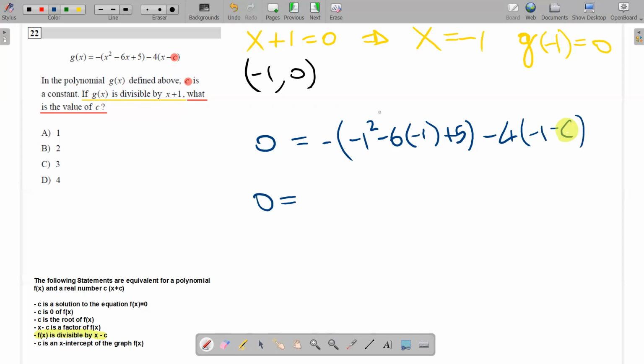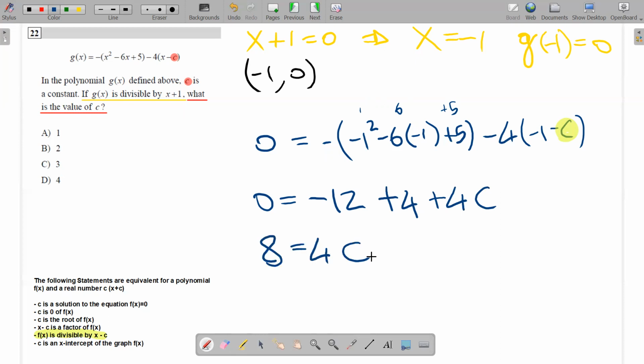0 equal -1 to the power 2 is 1, -6 by -1 is 6, plus 5. All these will be 12 multiplied by negative, it's going to be -12 plus 4 plus 4c. -12 plus 4 is going to be 8. We move it to the other side, and we have 8 equal 4c.